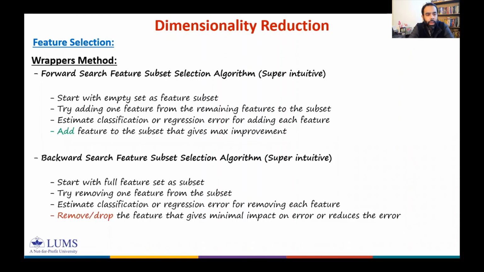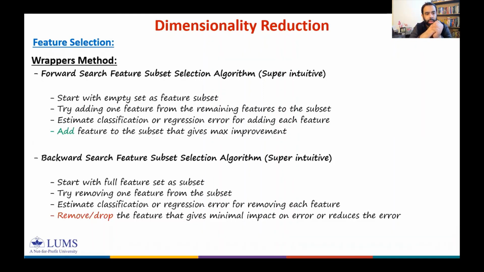So this was a quick overview of feature selection based dimensionality reduction. We have talked about two types of methods: filter based methods and wrapper methods. In filter based methods, we have talked about different metrics which you can use to rank your features with respect to output.